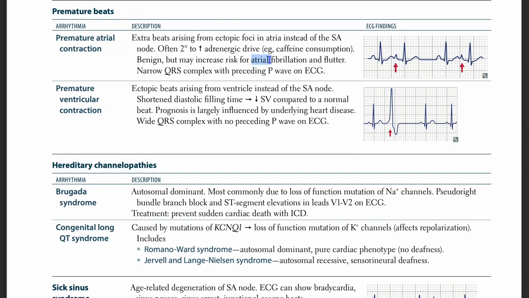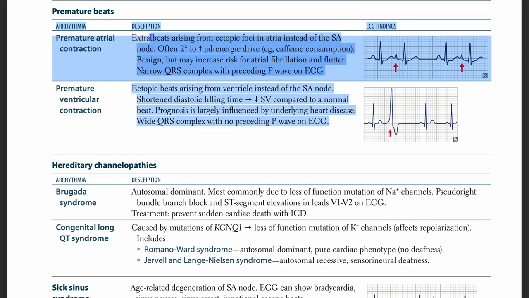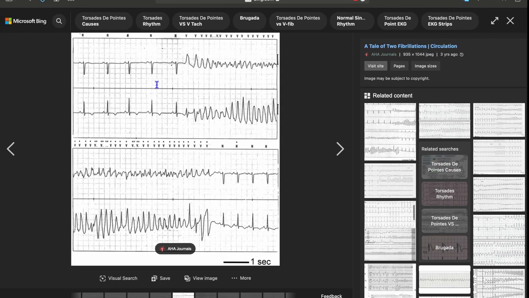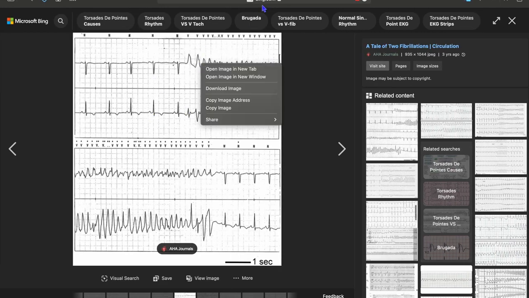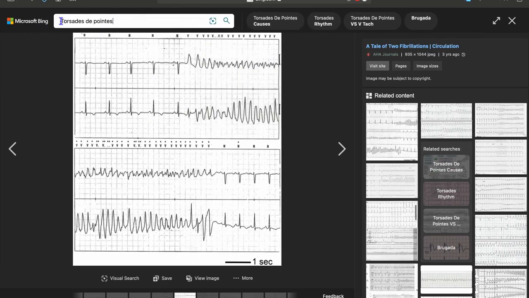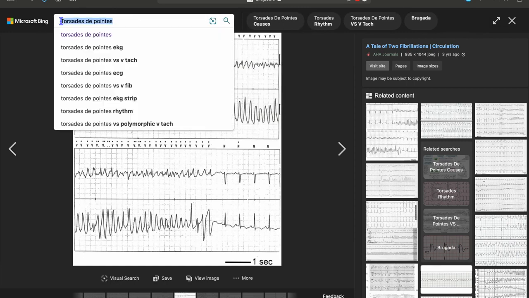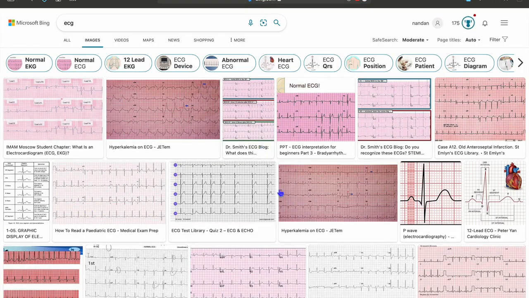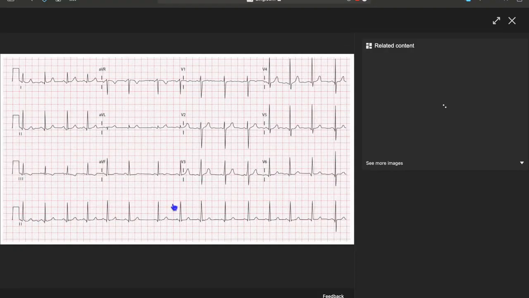First of all, you gotta figure out it's in atria and not the ventricles, right? You have the beat here, and you have it here, here, and here. Normally the P wave is lower than the T wave, right?